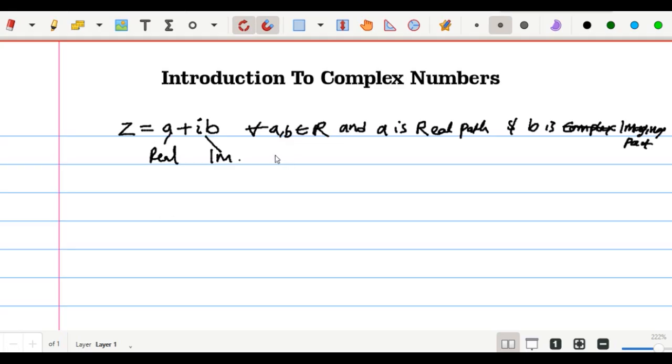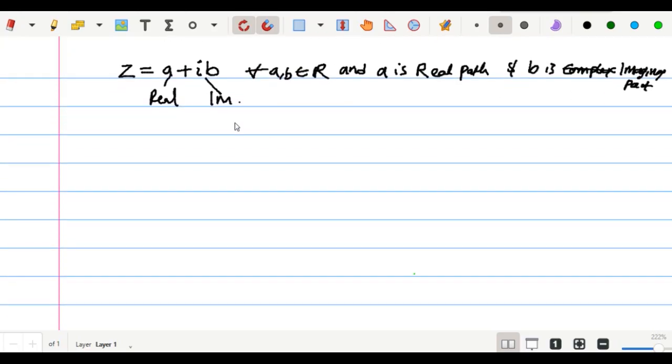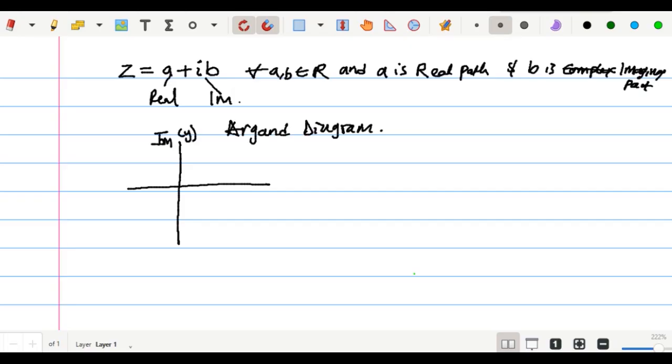I would like to use this opportunity to also represent this complex number on the Argand diagram. The Argand diagram is represented this way, where you have the y-axis and the x-axis. The imaginary axis is the y, and the real axis is the x.